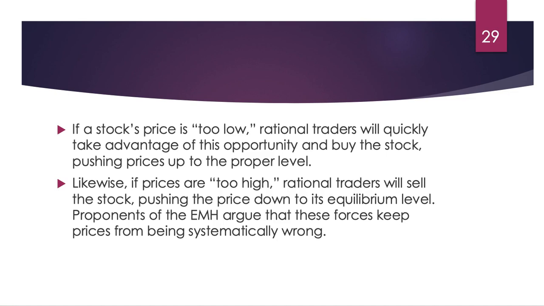Likewise, if the price is too high, rational traders will sell the stock, pushing the price down to its equilibrium level. Proponents of the efficient market hypothesis argue that these forces keep prices from being systematically wrong.